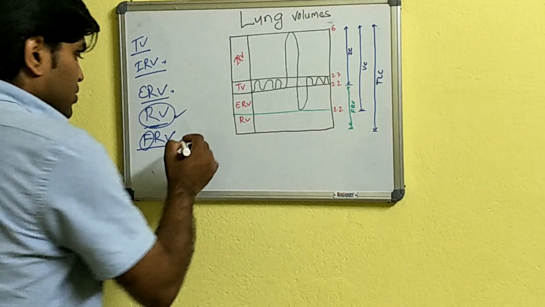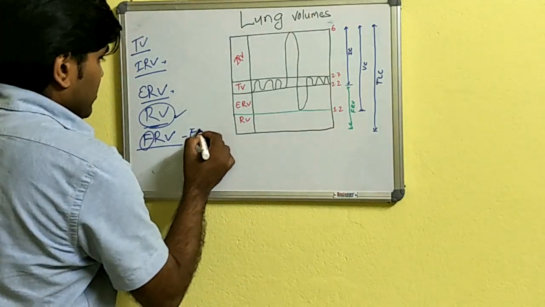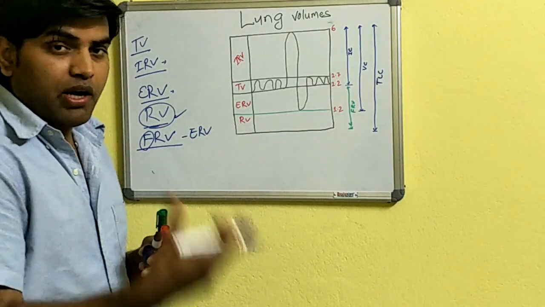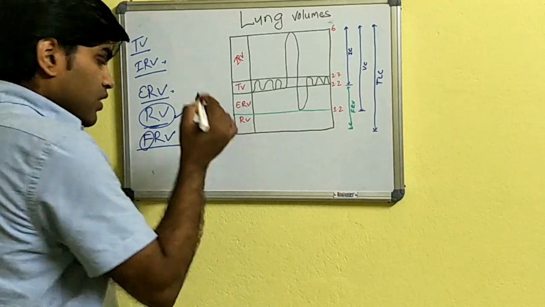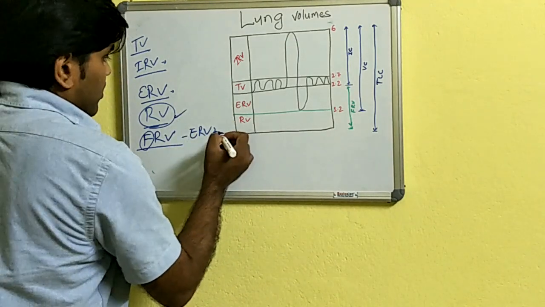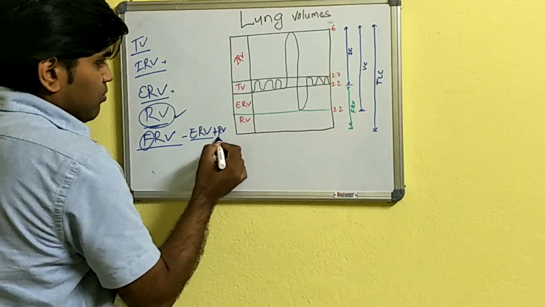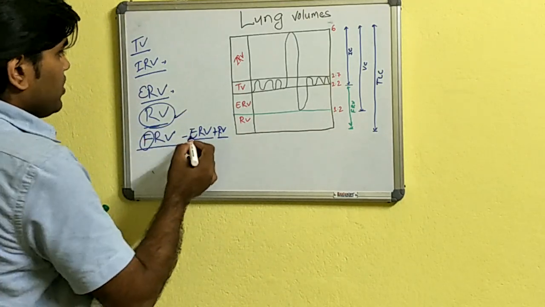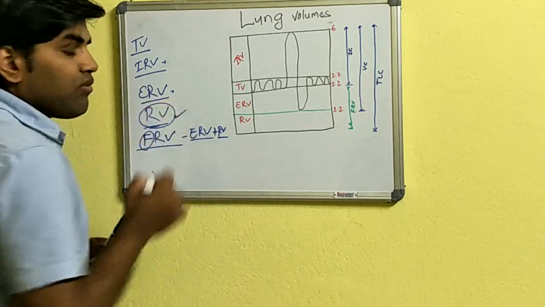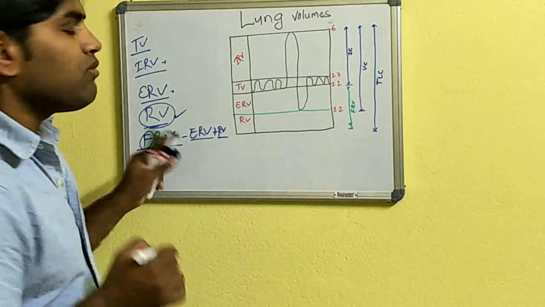One is the expiratory reserve volume, because you have not expired forcefully, and the other is the residual volume, which can never be expired from the lung. So expiratory reserve volume plus residual volume equals functional residual capacity.